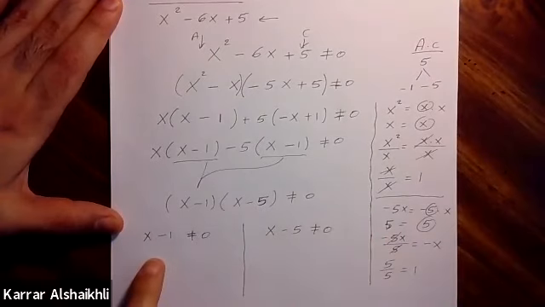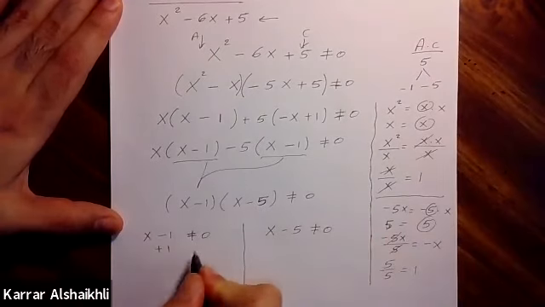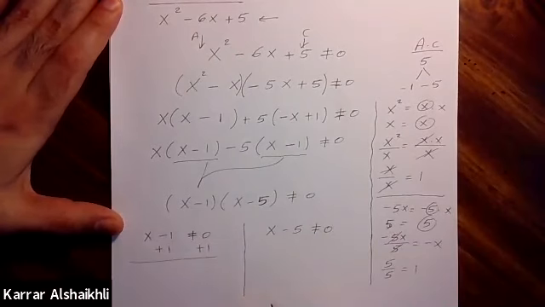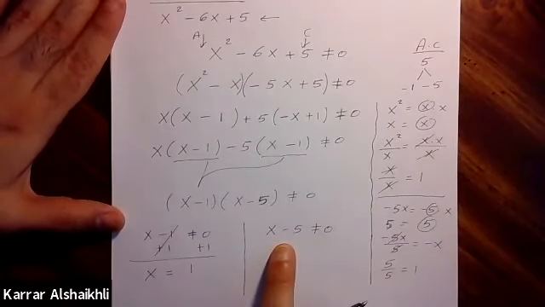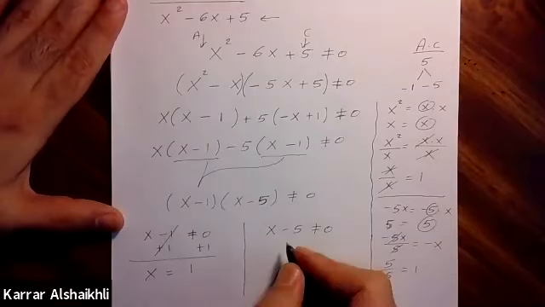How are we going to solve this one? I'm going to add 1 to both sides. Cancel these. So x is not equal to 1. On the other side, I'm going to add 5.